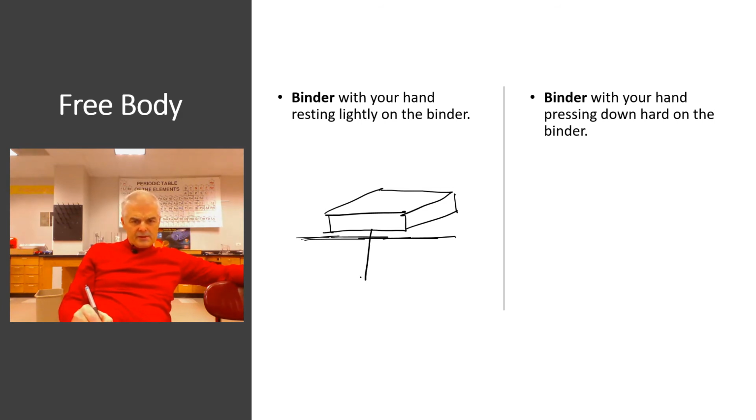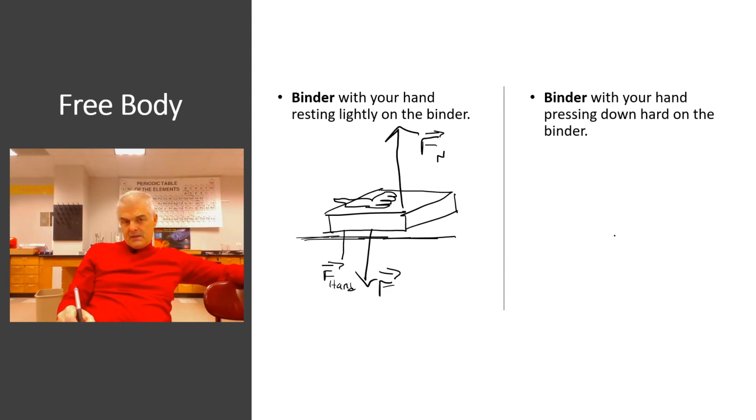Of course, there is the force of gravity on the bottom. But there's also, because my hand is resting on it, the force of the hand being pushed downward. So the normal force would be the sum of these two forces.